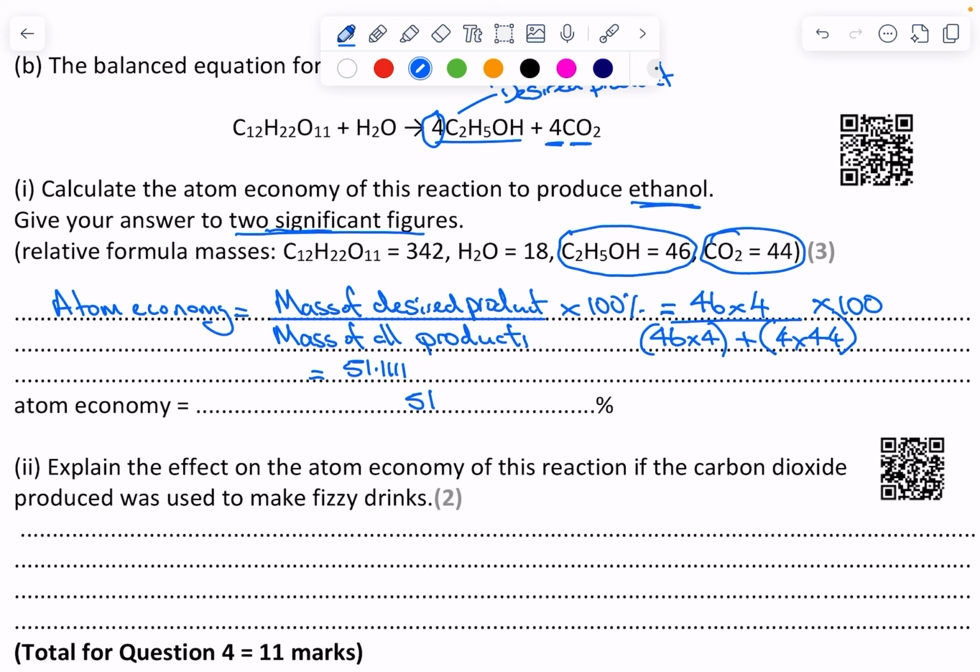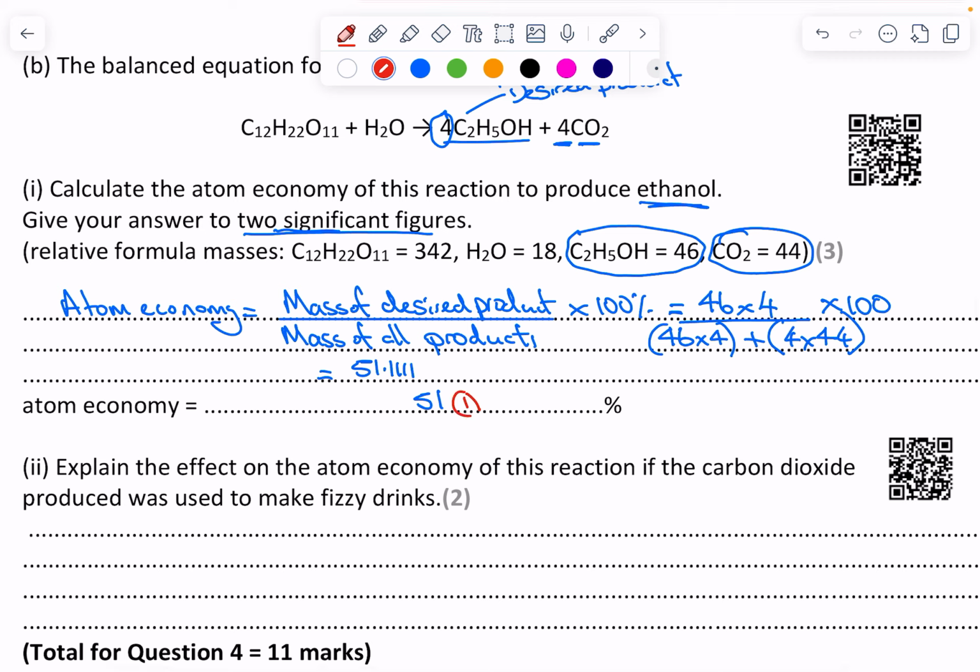There are 3 marks for this particular one. So you're going to get 1 mark for that answer of 51. You can get another mark for working this bit out, and another mark for doing that bit times 100 as well. Okay?